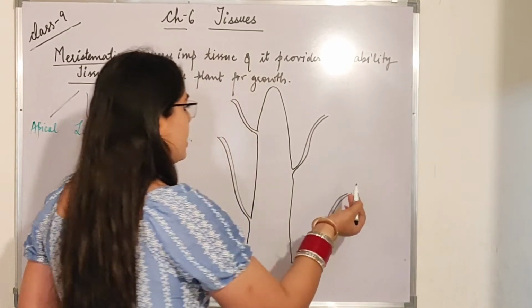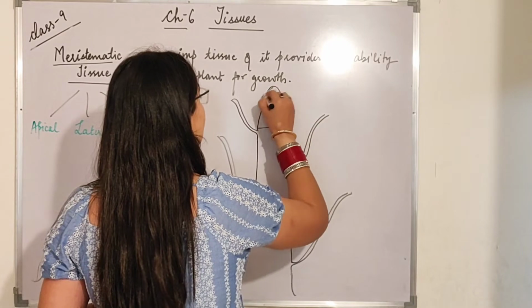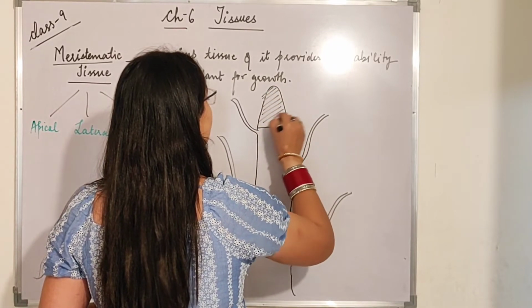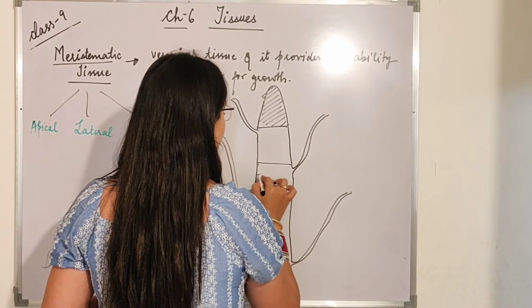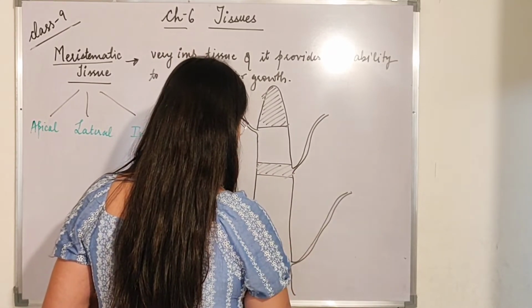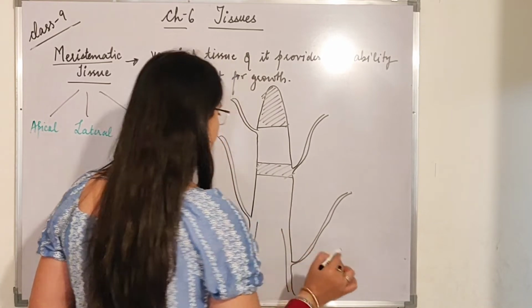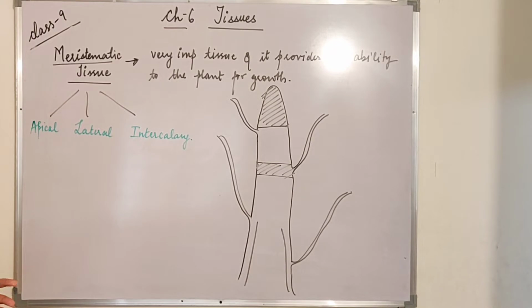This is just a plant, okay? So I'm just marking the parts. This is just a plant that I have drawn beta, the tip, right? And the tip of basically the root, okay?